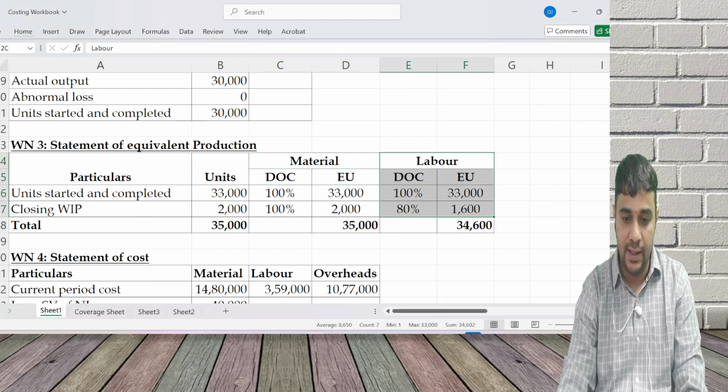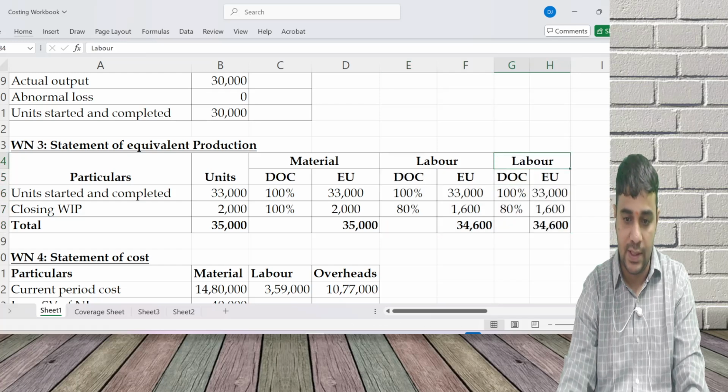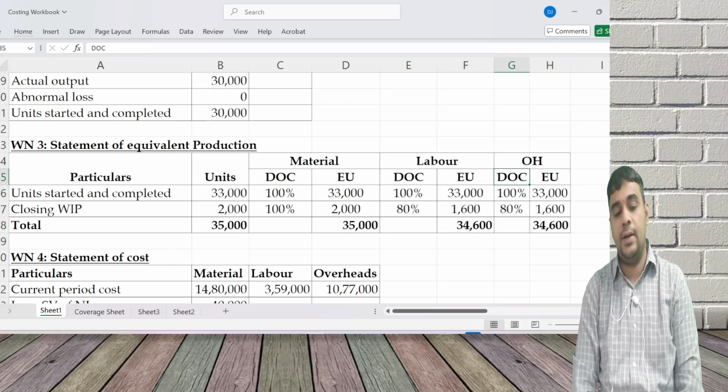Particulars, units, material, labor, overheads. Numbers will change obviously; these are from the previous question. You do it and then complete.